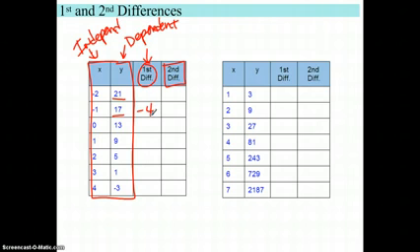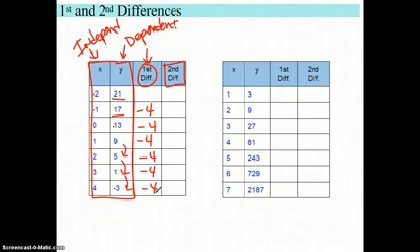And then I'll find the next one. To go from 17 to 13, it turns out we are subtracting 4. Now these turn out to be the same, but they don't have to be. To go from 13 to 9, we have subtracted 4. To go from 9 to 5, we have subtracted 4. To go from 5 to 1, we have subtracted 4. To go from 1 to -3, we have subtracted 4.